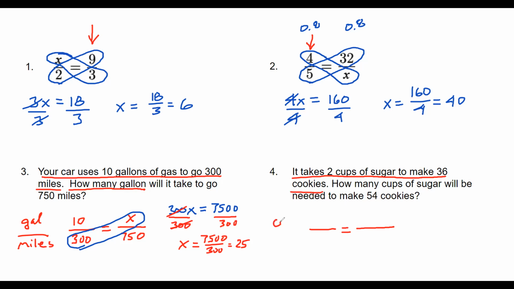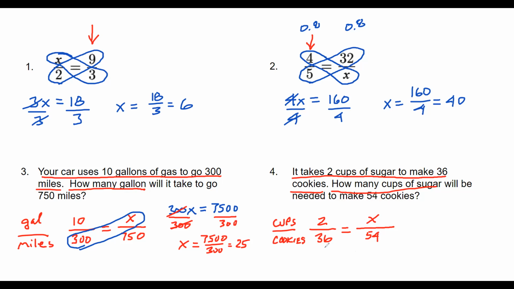So I'm going to put cups on top and cookies on the bottom. 2 cups, 36 cookies. Now we know that something's going to be missing. We're looking for a number. How many cups of sugar will be needed? So we don't know the number of cups, but we do know that we are going to make 54 cookies. There we have it. We have our proportion.